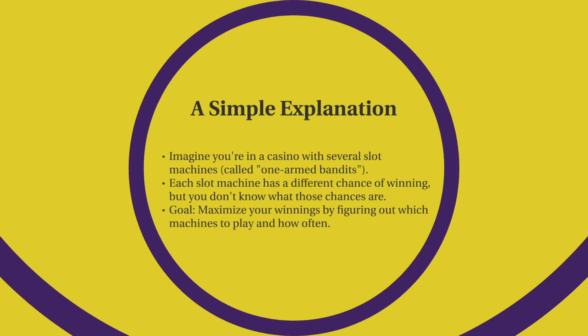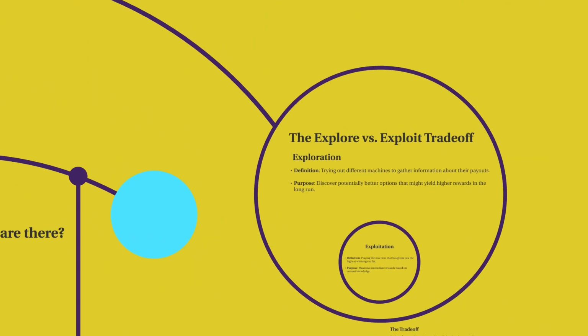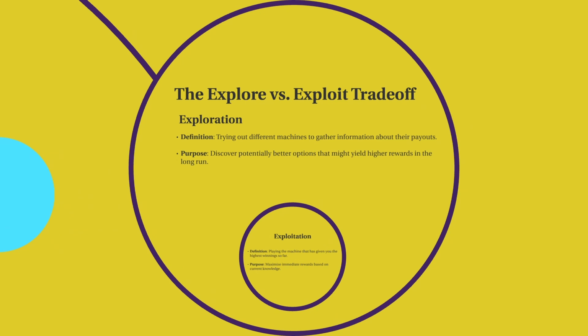So now that we understand what a multi-armed bandit is, let's understand another concept that is very, very important, not only to this, but to science overall, and to understanding how our brain, the human brain, makes decisions. That's the explore versus exploit trade-off. So let's think about a restaurant. You want to find a restaurant to order out or to go to have a nice dinner.